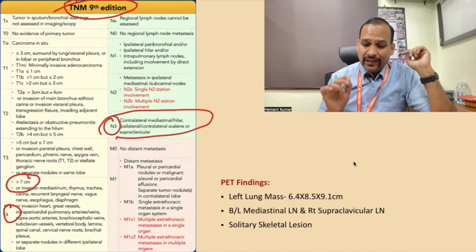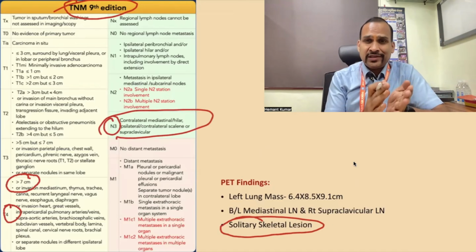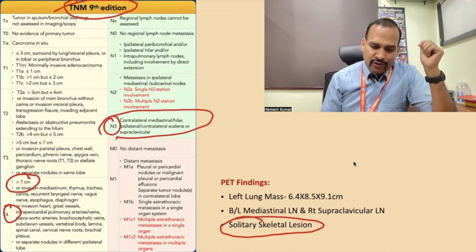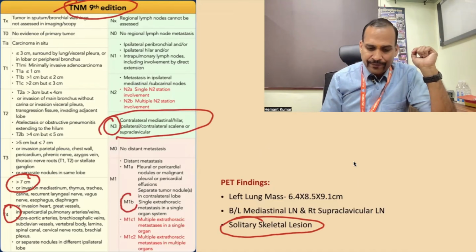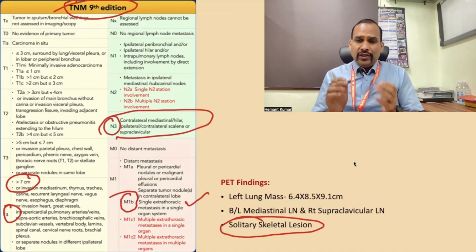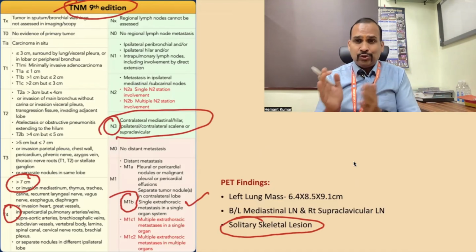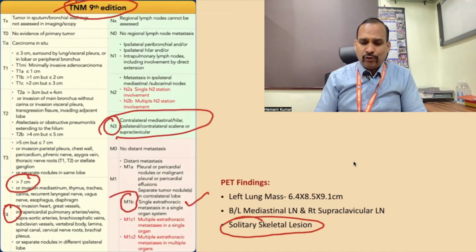Okay. Now the patient had a solitary skeletal lesion also, meaning outside the thorax. So outside the thorax is M stage. So this is M1B. M1B is a single extrathoracic metastasis in a single organ. So if you want to manage this patient, you have to see staging as 1, 2, 3, 4 also.